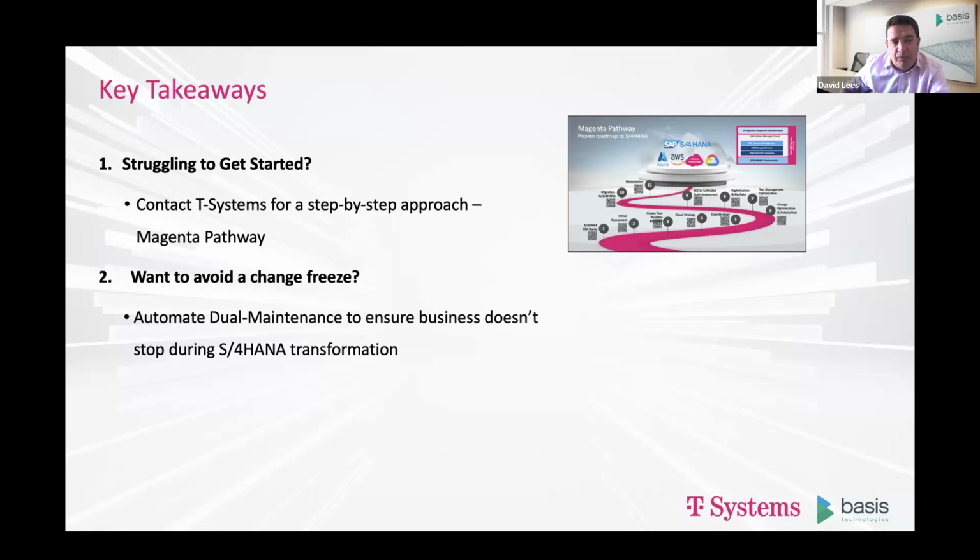Okay. Secondly, I'm assuming you want to avoid the change freeze, so think about how you're going to be executing your dual maintenance. Automate it, ideally, if you're handling a large volume of change as part of your ongoing business, and make sure that you don't stop your business during the S4 transformation.